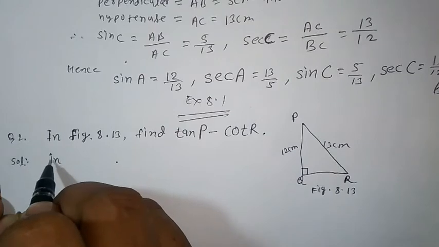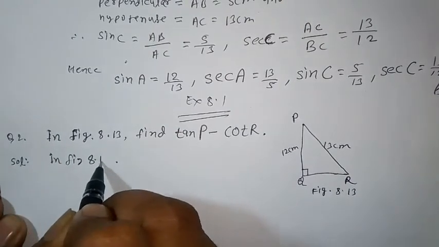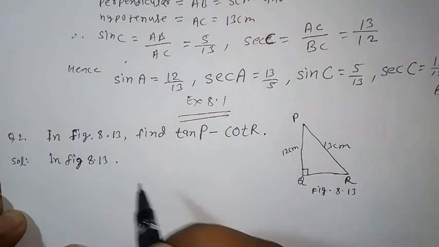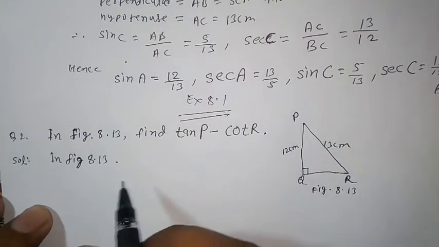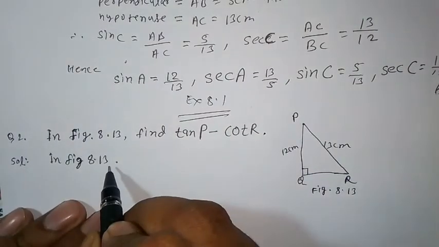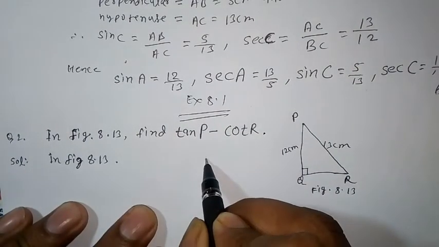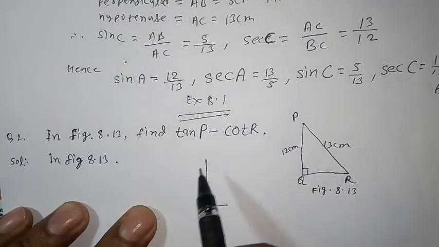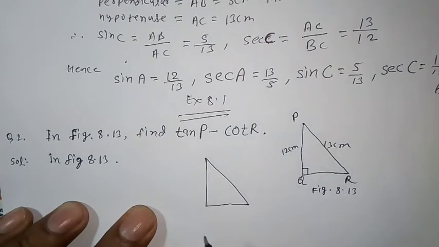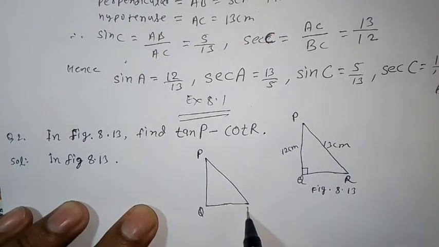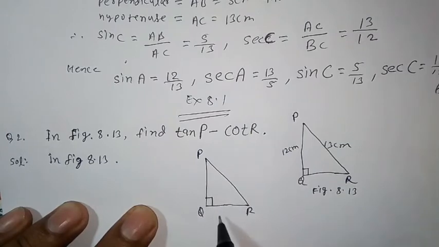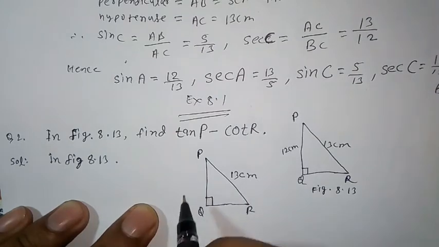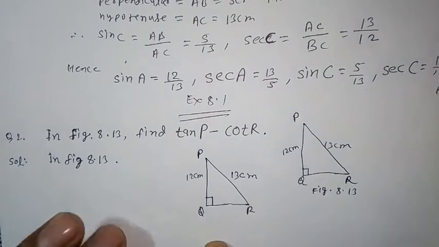In figure 8.13, again you draw this figure, okay? Because this figure is in the question, but we also draw this figure in the solution. P, Q, R, Q is equal to 90 degree, PR 13 centimeter, PQ 12 centimeter.